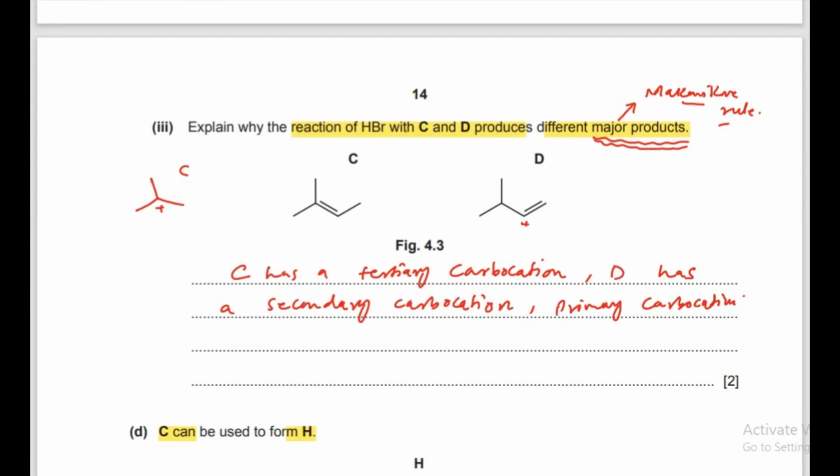If more alkyl groups are attached, they will produce a more inductive effect, so a more stable intermediate will be formed. So the tertiary carbocation is more stable as compared to secondary and primary carbocation.